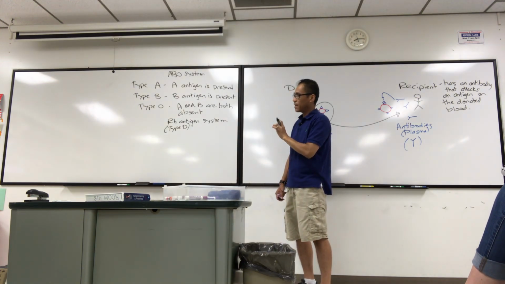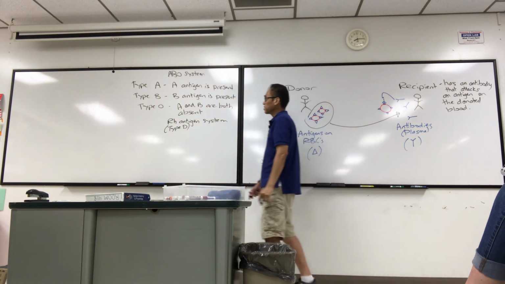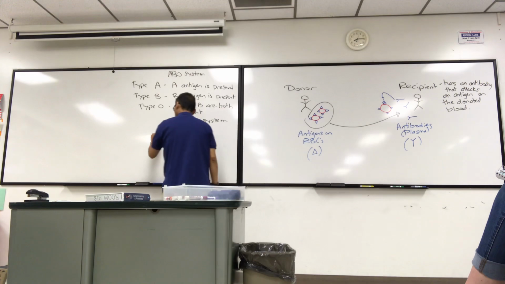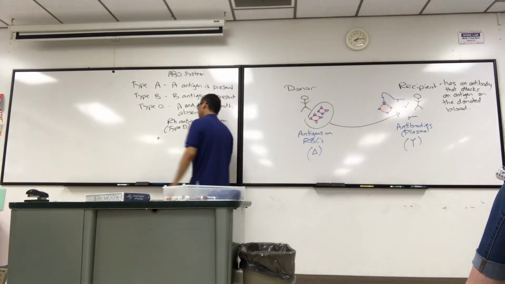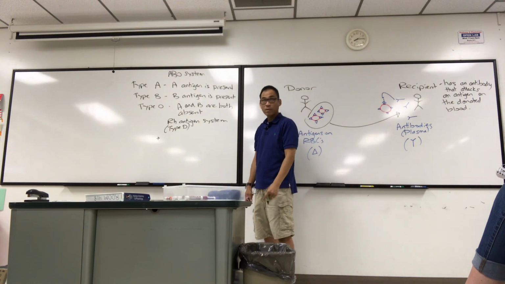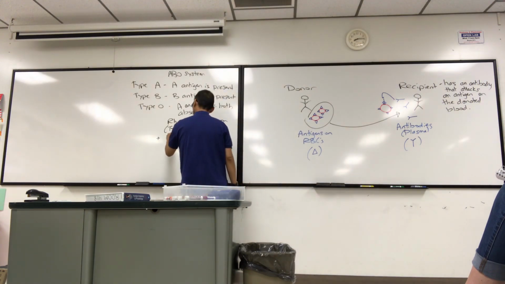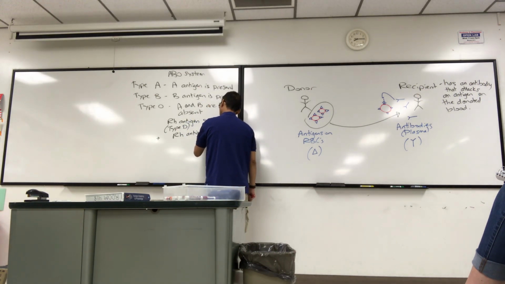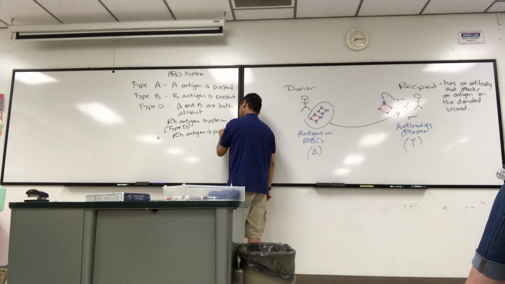They use pluses and minuses, and they use it as a superscript with the ABs. So, for example, if you see a plus as part of a blood type, that means the RH antigen is present in that blood type. Plus means RH antigen is present.